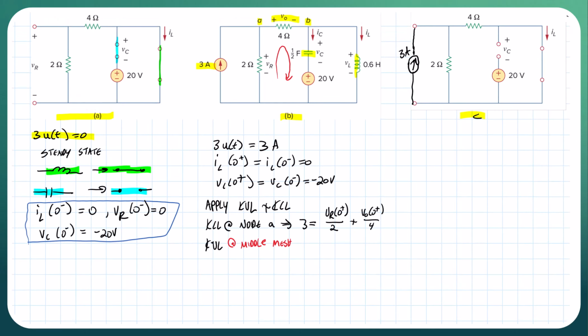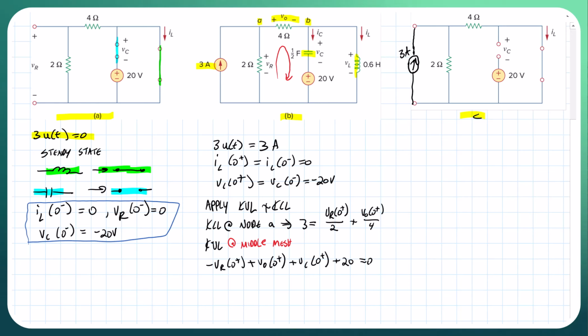I want to keep these all on the same screen here. We get minus VR, again we're in the 0 plus condition, plus V0, plus VC. We're just essentially doing KVL across that loop. Plus 20, all that should equal 0.